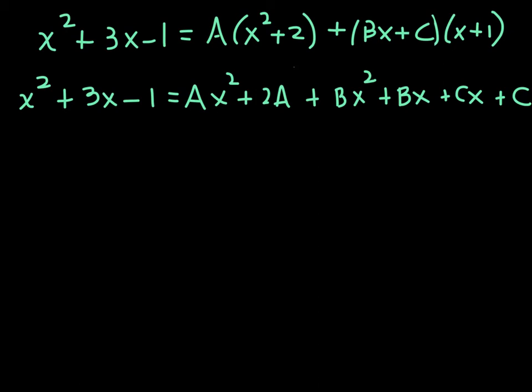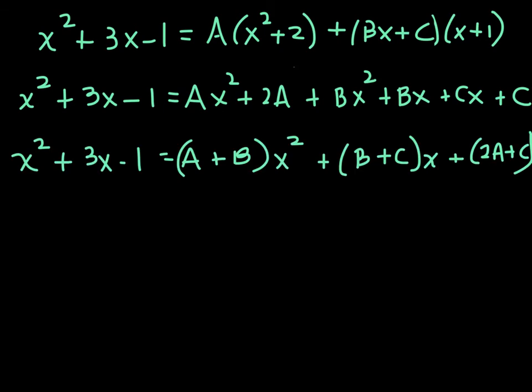In other words, notice that ax squared and bx squared are like terms, so group them together. Notice that bx and cx are like terms, so group them together. And these constants, 2a and c, are like terms, so group them together. So this is the associative property of addition.